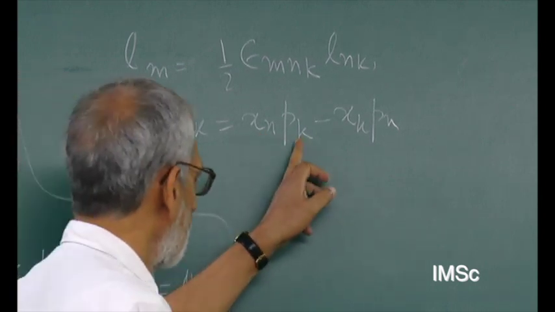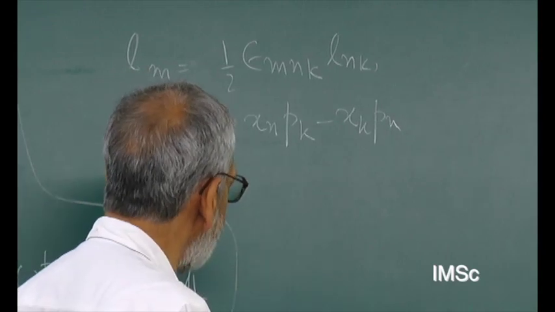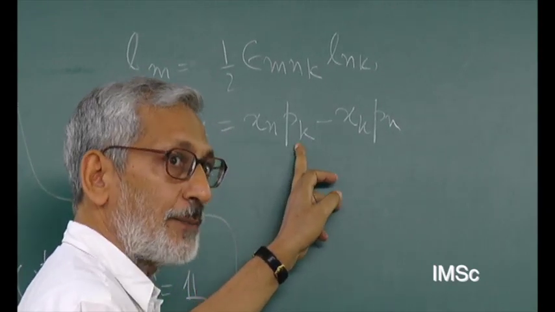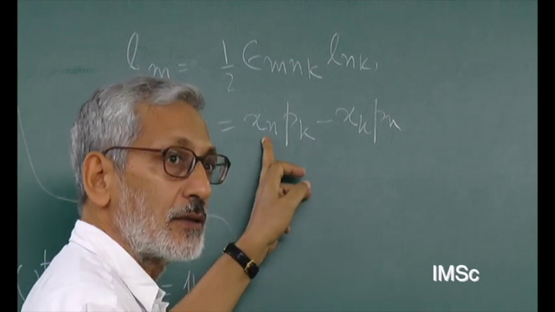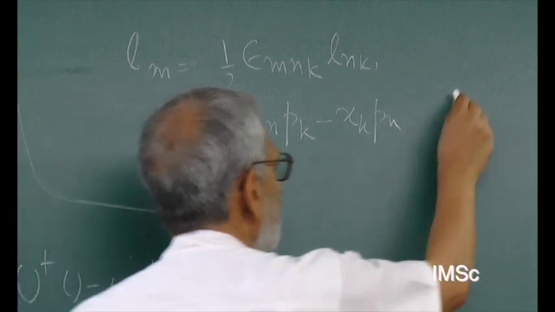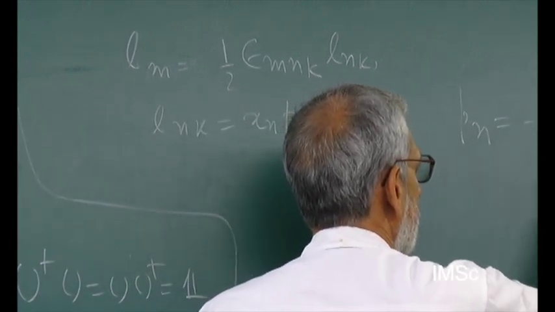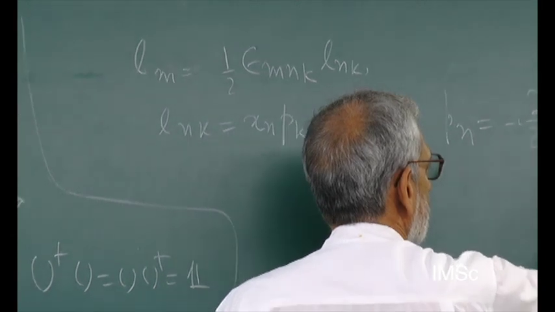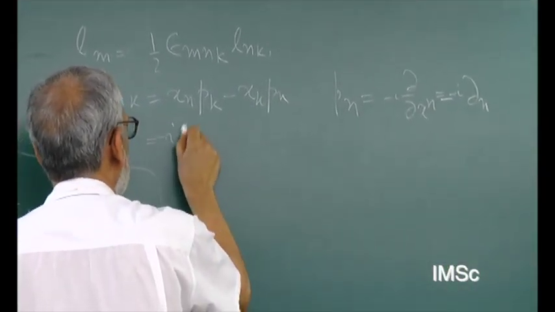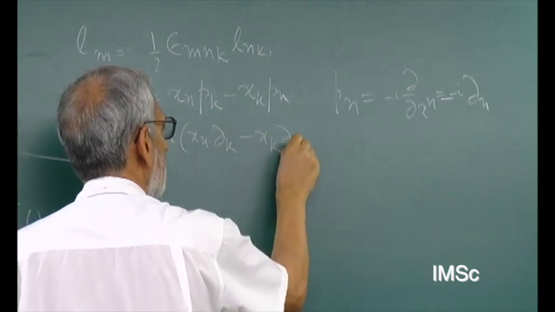The space, momentum, space, momentum. That's the angular momentum. And the momentum on the space of coordinates has a differential operator representation, p_n is minus i d by dx_n. So we write this as minus i (x_n d_k minus x_k d_n).